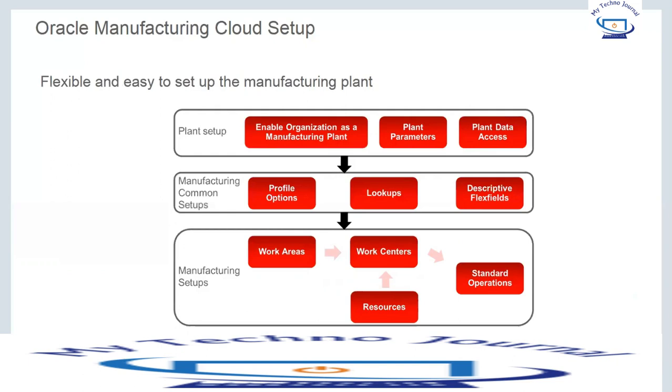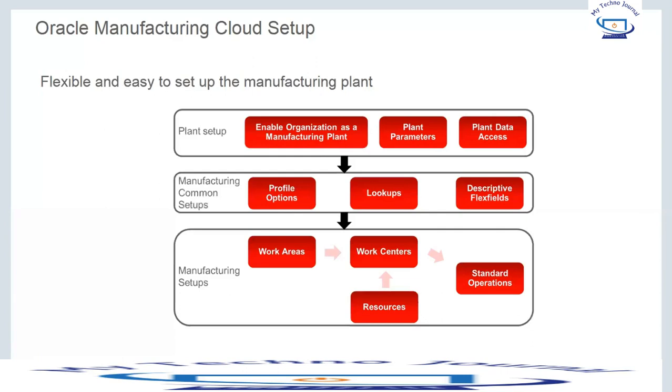First and foremost, you have to create the work areas, resources, work centers, and you can go and define the operations. There might be certain operations which you use regularly, the same kind of operation wherein the same kind of resources are used for the same duration.